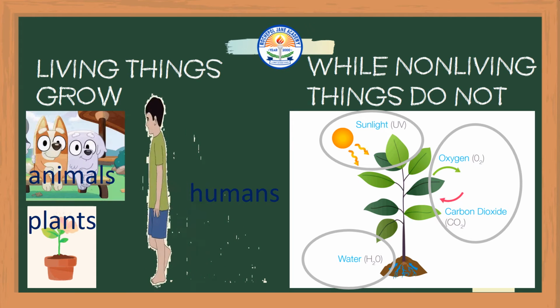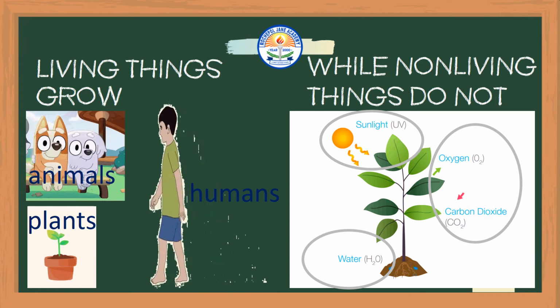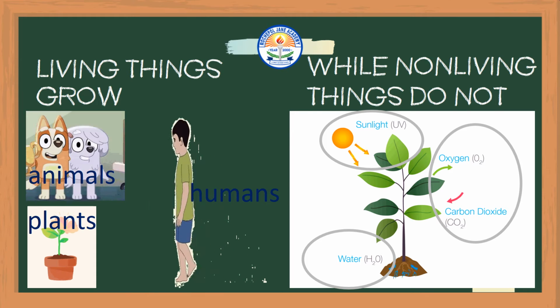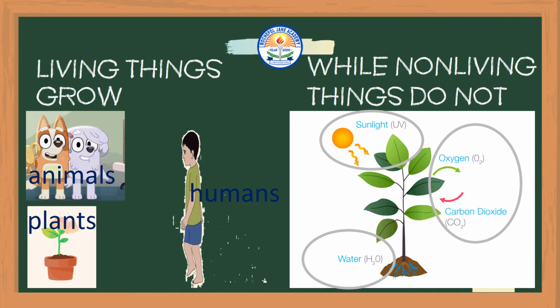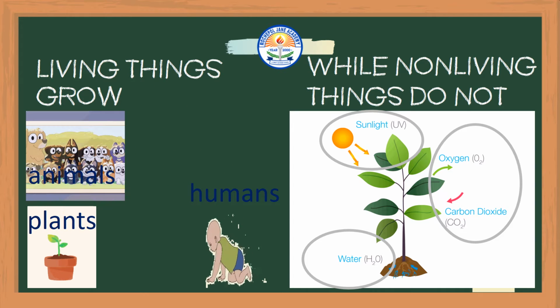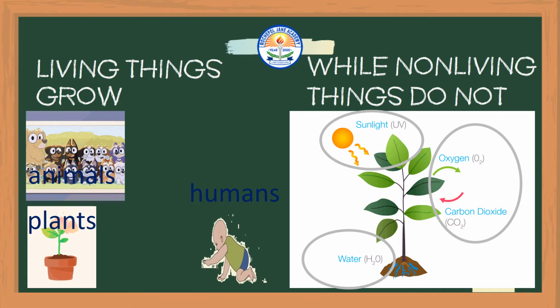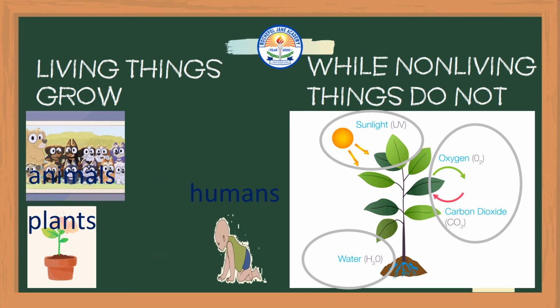Here we have the plants who need the water, the sunlight, and the carbon dioxide. The air that it breathes is not a living thing, as well as the sunlight, which is also not a living thing, and the water too.